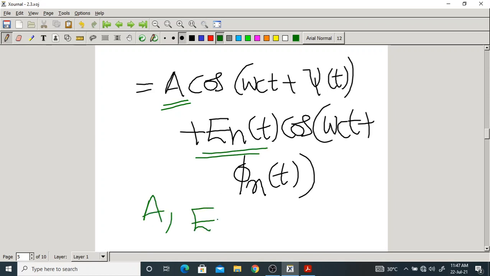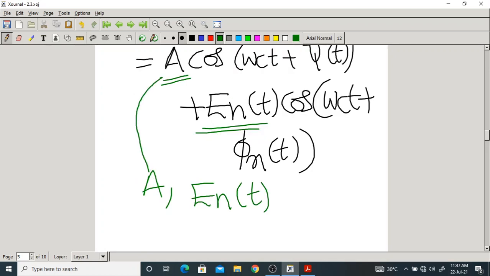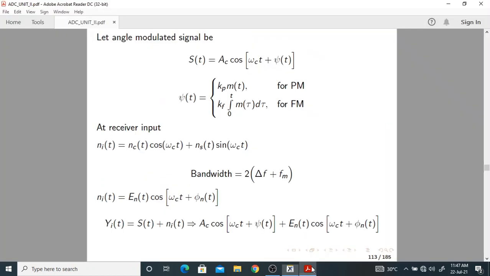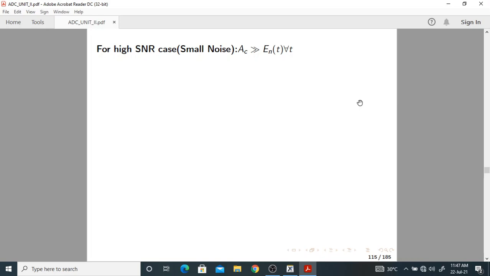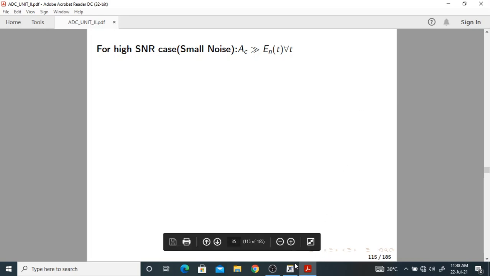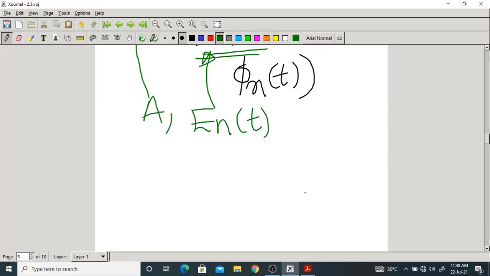E_n(t) or E_n. Now just like in AM, here also we take the large SNR case or small noise case, which means the signal component is much more than the noise component. What is the signal component here? A. Signal amplitude is A. That is much more than the noise amplitude E_n(t) for all t.